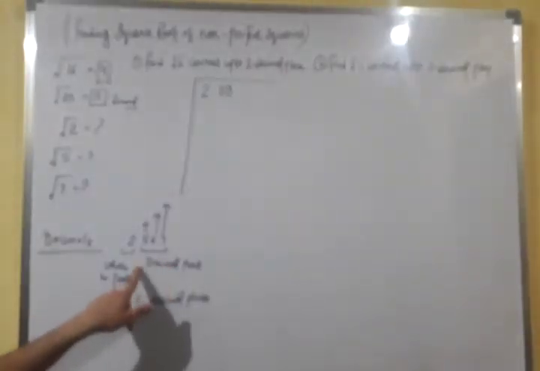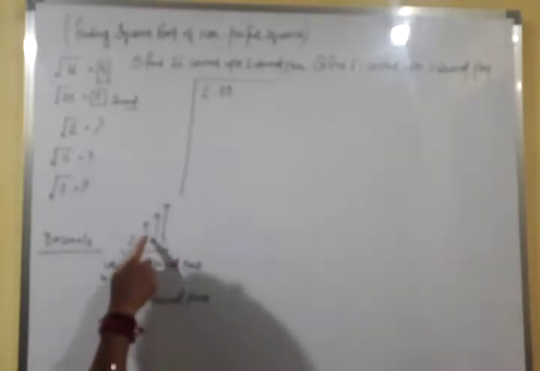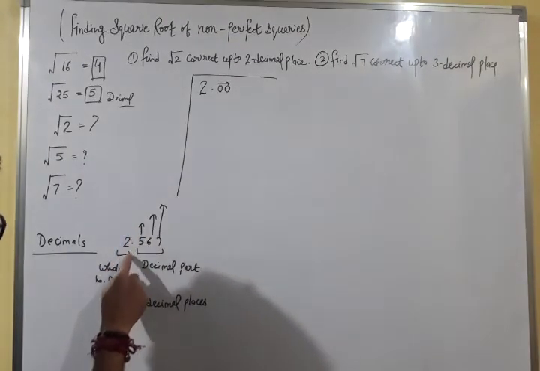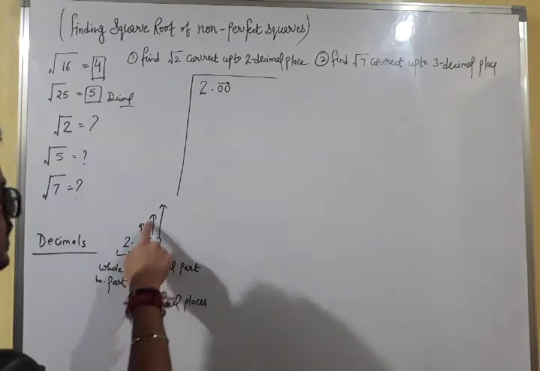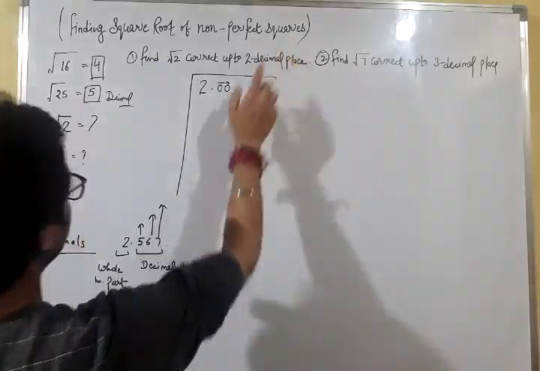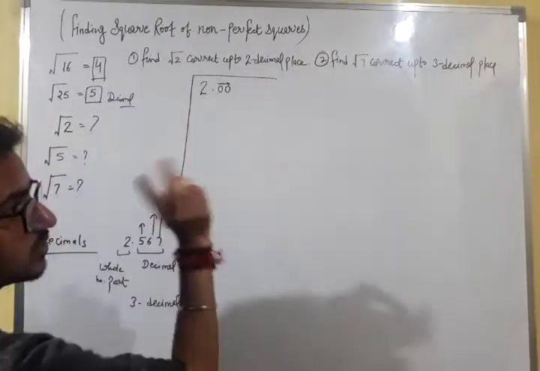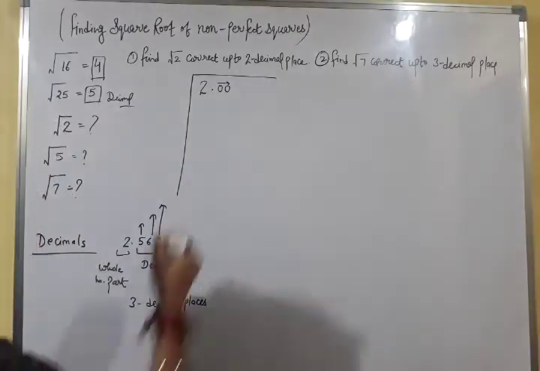In normal decimals, the first digit after the decimal point is known as the first decimal place, and the second digit is treated as the second decimal place. But while we are finding the square root of non-perfect square numbers, two digits will make one decimal place.